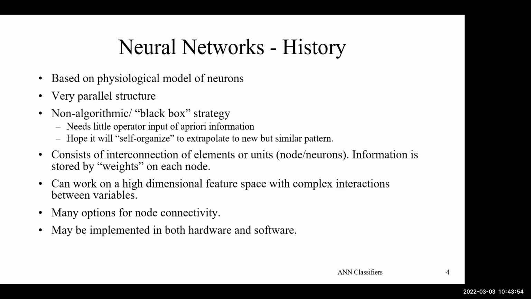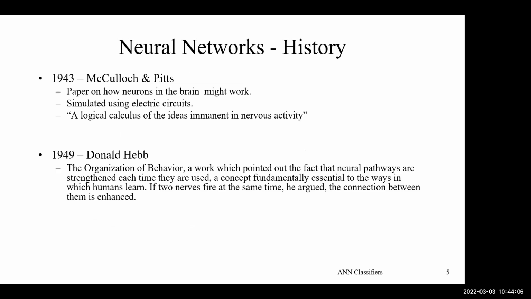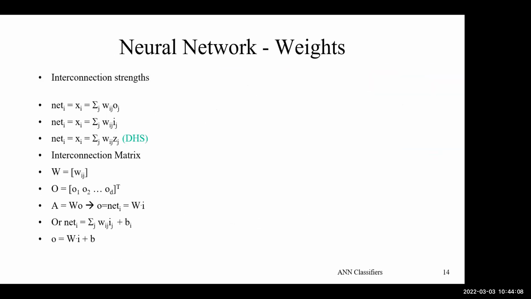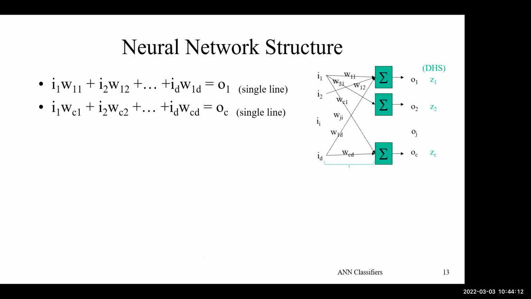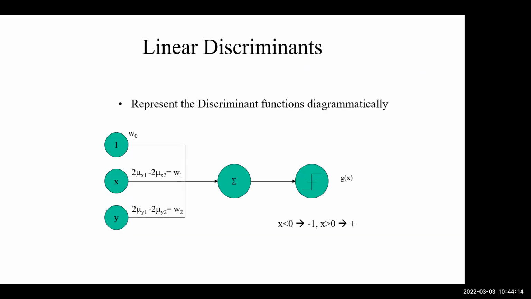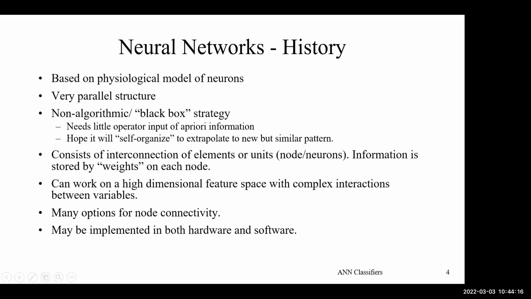It can work on a high dimensional feature space with lots of complex interactions between variables. These network patterns get really, really complicated. I'm going to quickly flash about 20 different slides later. It can get really complicated, or it can be really simple. Usually it's complicated. We try to work through there.